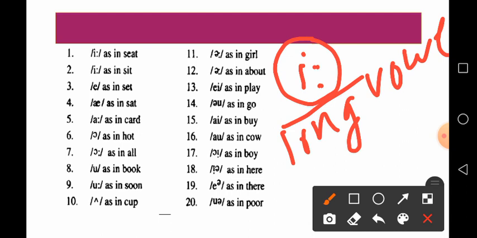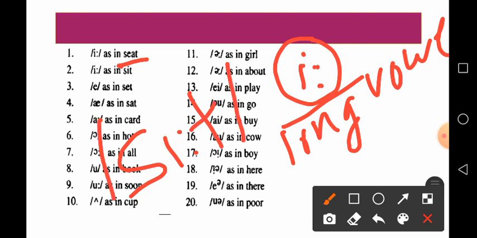When we pronounce the word seat, it is pronounced like S, then E and then T. The pronunciation of a word is written in a slang line.